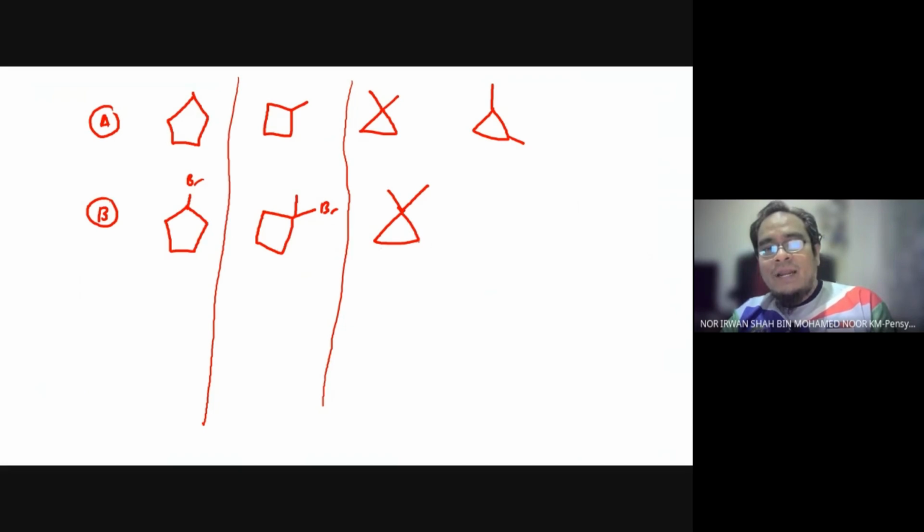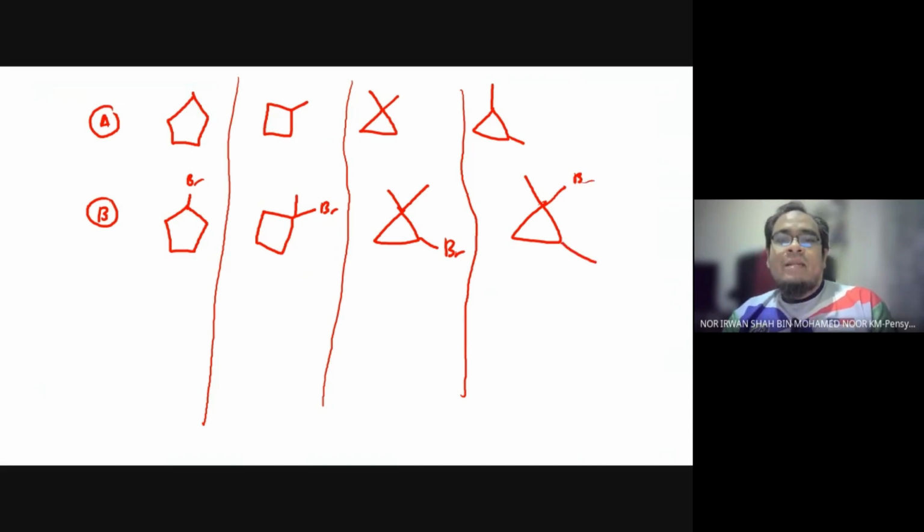Jadi katakanlah digantikan dekat sini, you akan dapat this haloalkane. Okay, and then ini pula, kalau kita buat bromination, salah satu daripada tertiary carbon ini akan digantikan dengan bromine like this. Ini apa yang kita akan dapat sekiranya kita buat bromination under sunlight untuk B.